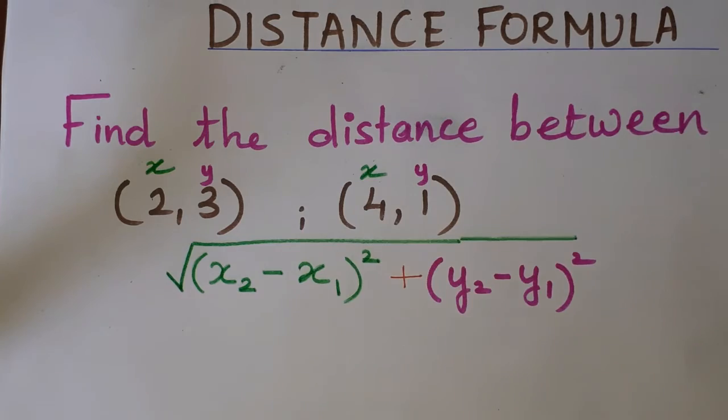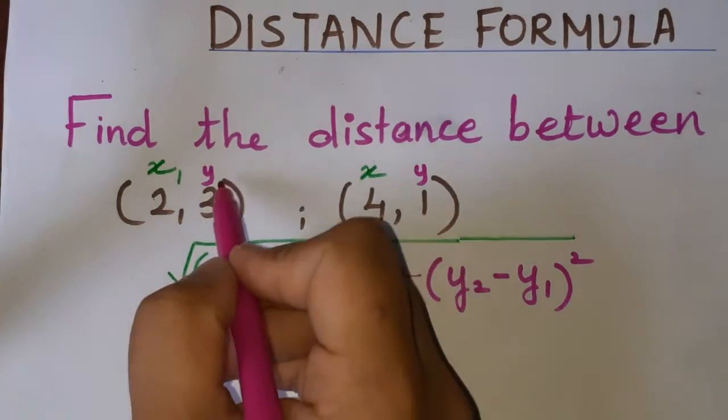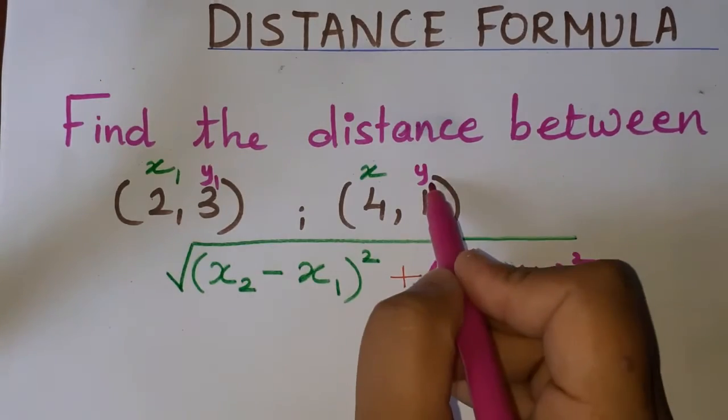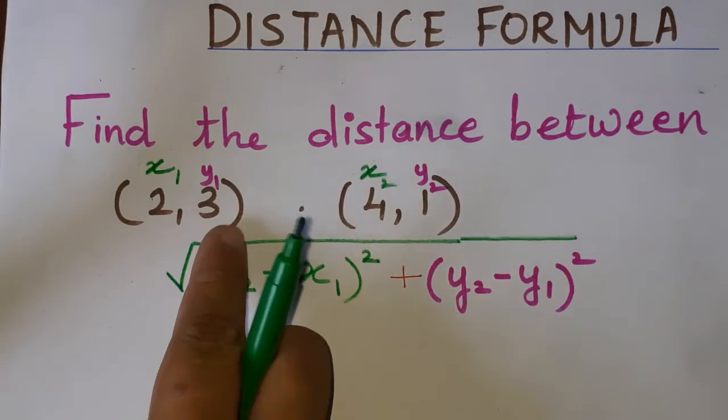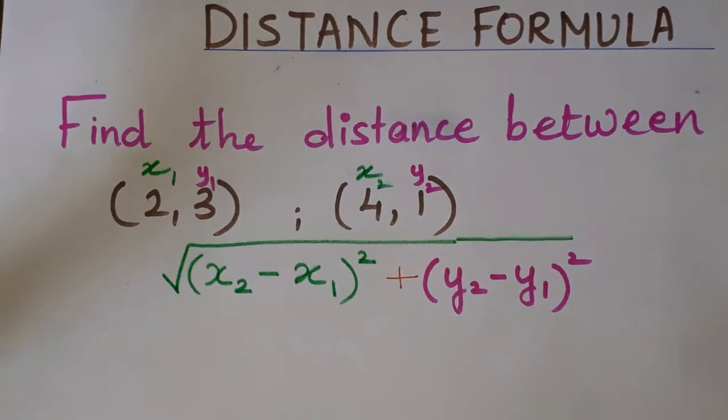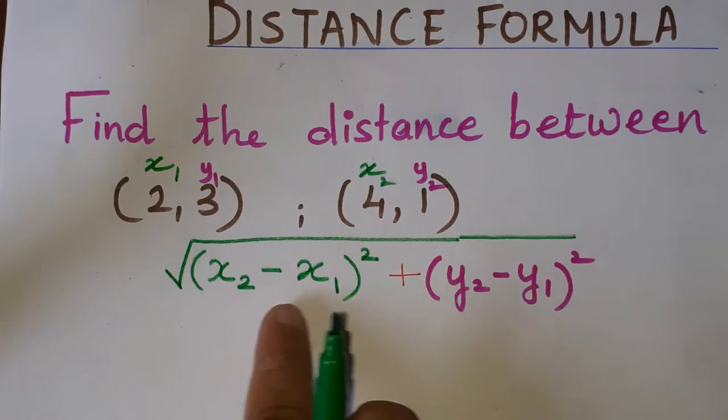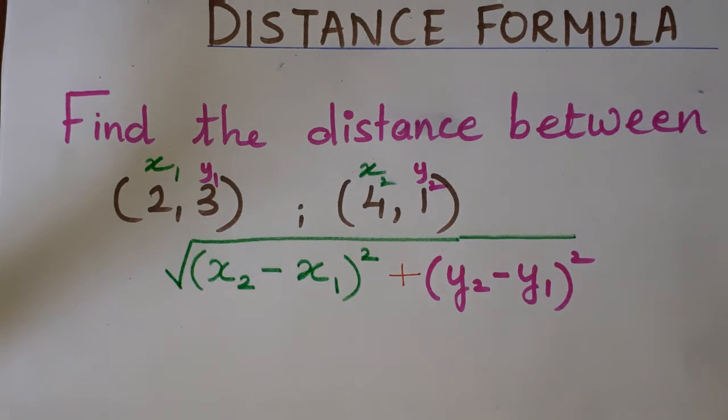So the first bracket becomes x1, y1, and the second bracket becomes x2, y2. Now can we put these values in the formula accordingly? Yes, we can. So now let's start.